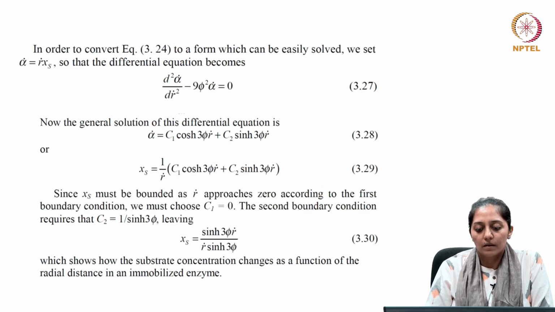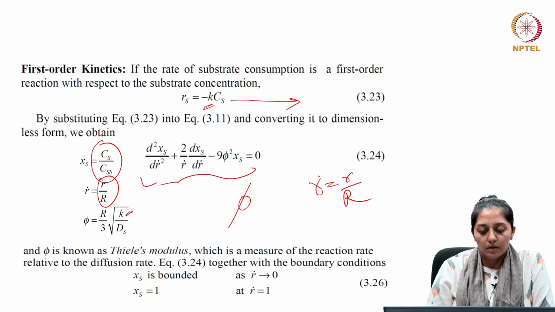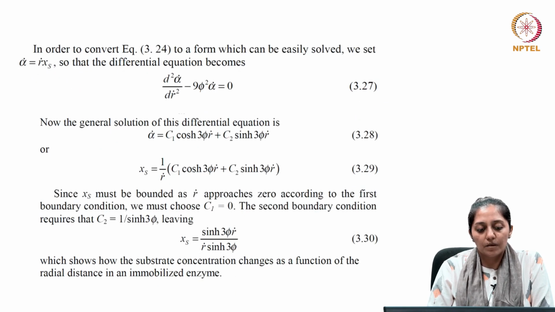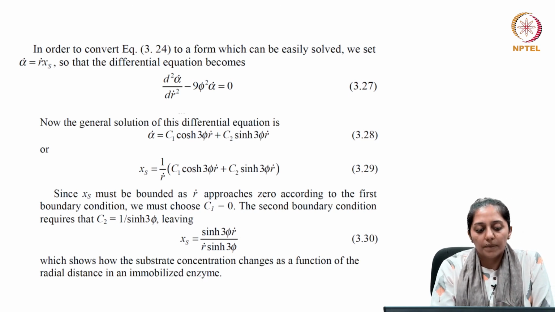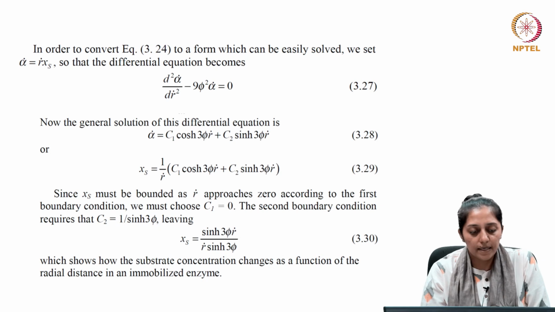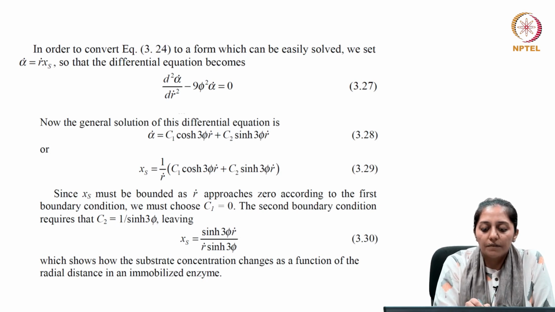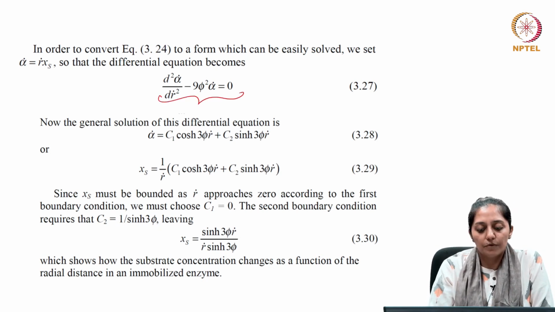Now, again for the same double differential equation, to solve it we do the substitution in terms of alpha. So, here alpha dot becomes equal to R dot Xs, so that the double differential equation takes a simpler form for integration, and we will integrate twice to get the integration constants, and using the boundary conditions we will solve for them.